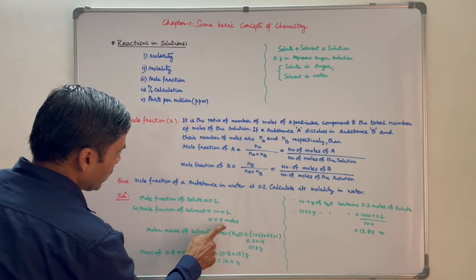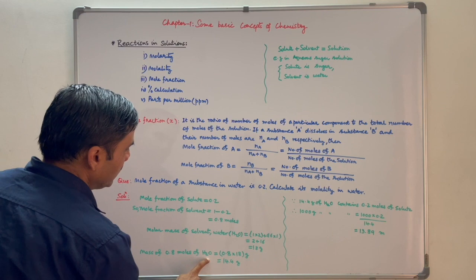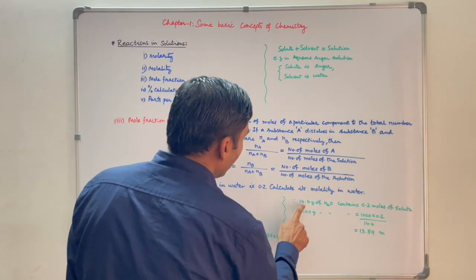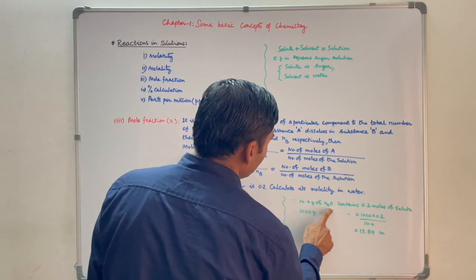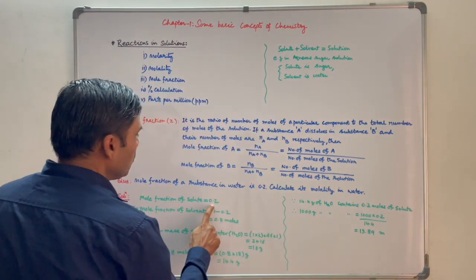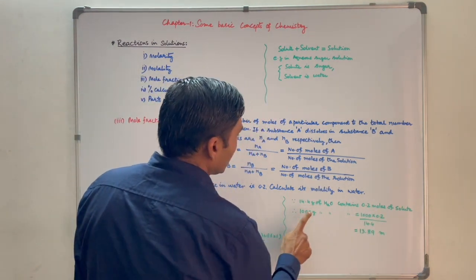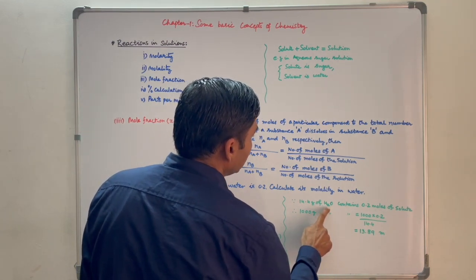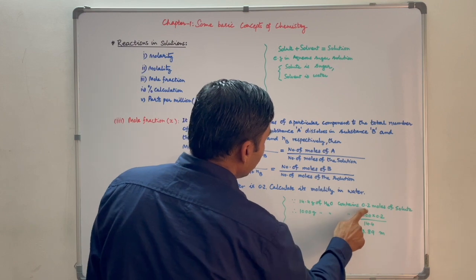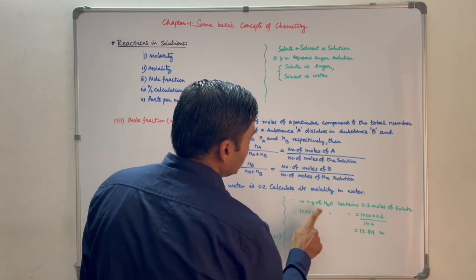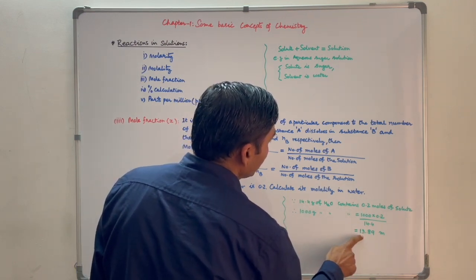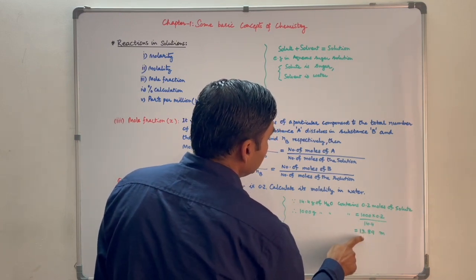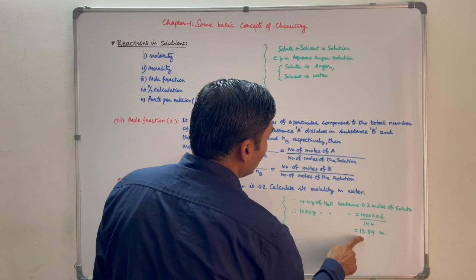So mass of 0.8 moles of H2O will be 14.4 gram. Now we will say 14.4 gram of H2O contains 0.2 moles of solute. So 1000 gram of H2O contains, here H2O is solvent, 1000 into 0.2 upon 14.4. That comes out to be 13.89 moles of solute. So its concentration will be 13.89 molar.